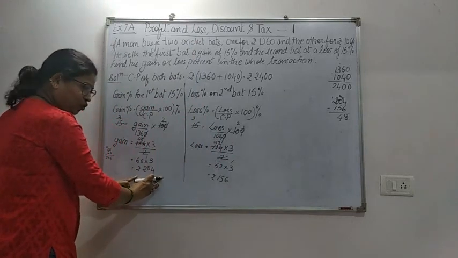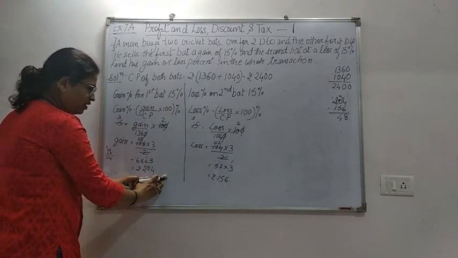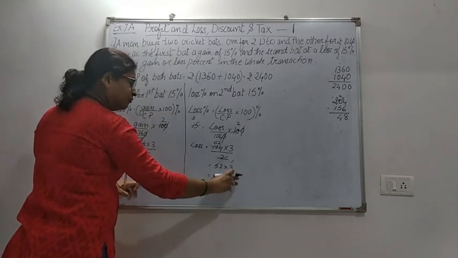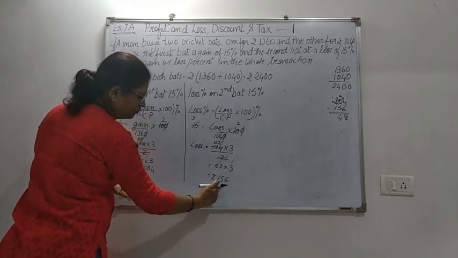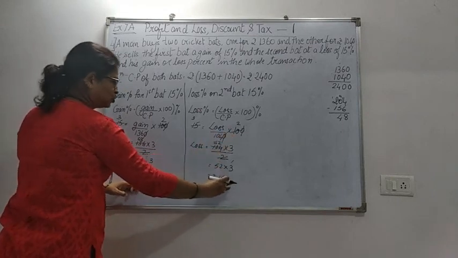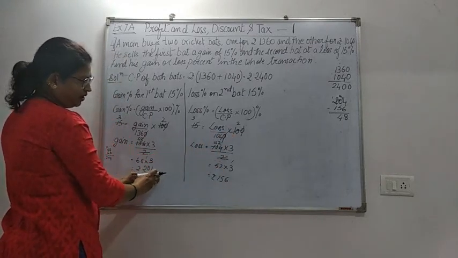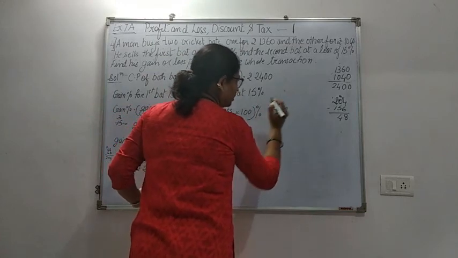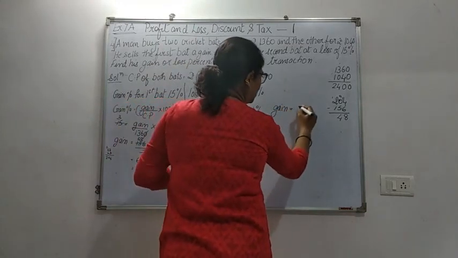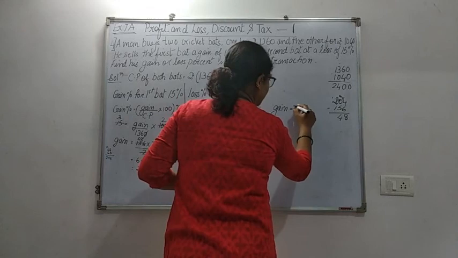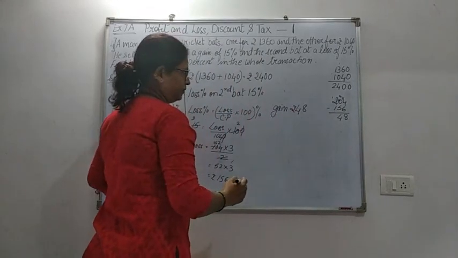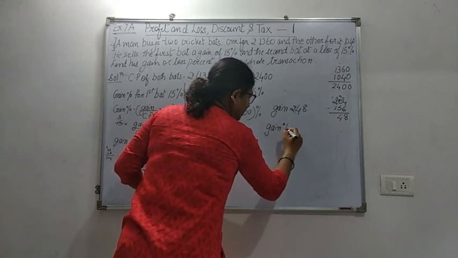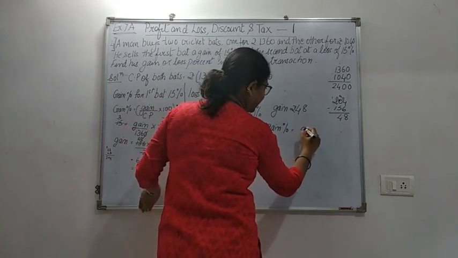Because I had a gain of rupees 204 on one bat and a loss of 15%, that is 156 on the other bat. So loss, if you deduct from the gain, I get the gain, which is equal to rupees 48.